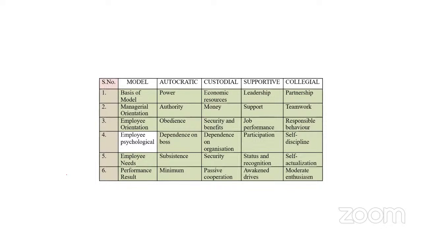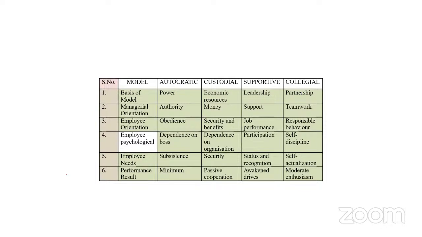Coming to managerial orientation, in the autocratic model it is authority. In the custodial model, it is money. In the supportive model, what a manager does is support. And in the collegial model, what a manager does is bring teamwork. And what is the employee orientation? What is the behavior from the point of view of the employee? In the autocratic model, it is obedience, compliance.